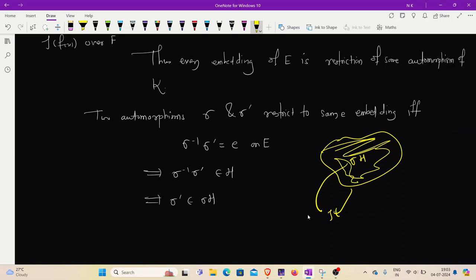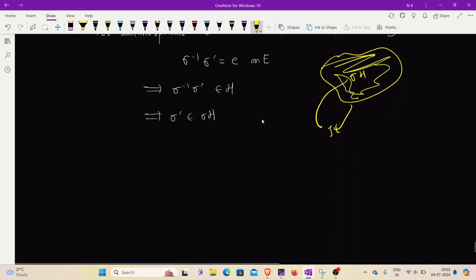So the number of distinct embeddings is exactly equal to the number of distinct cosets of H in G. So we can write here that the cardinality of embeddings of E over F, because each embedding fixes F, is exactly equal to the index of H in G.